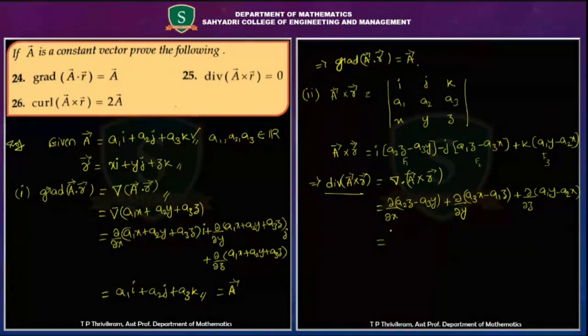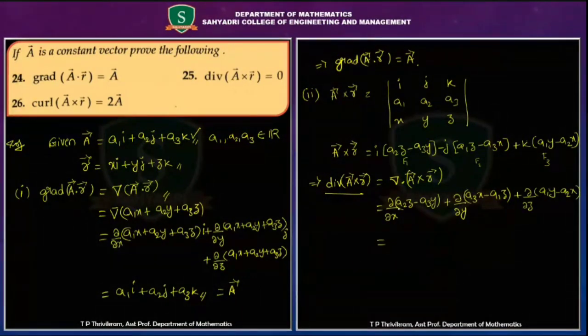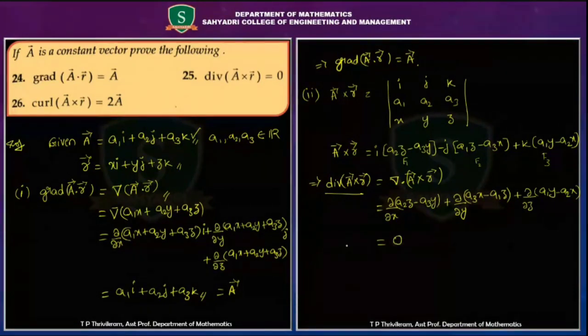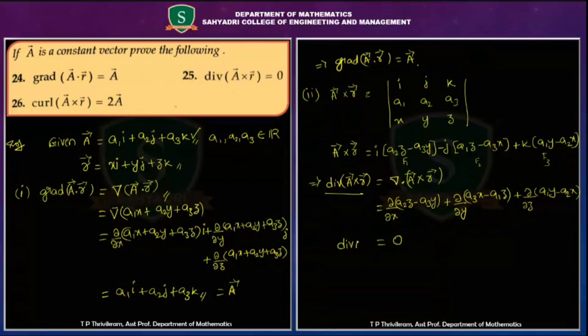So how much do you get? 0 plus 0 plus 0. So I'll get 0. So the divergence of a cross r is 0.